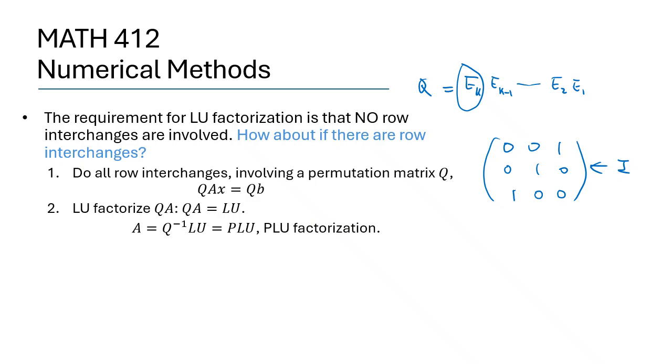Each one interchanges 2 rows, and their product, it turns out, also looks like this. Such a matrix is called a permutation matrix.